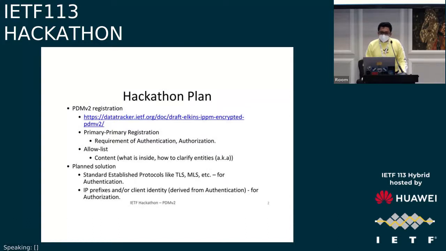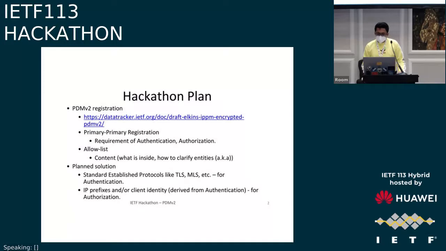What we have done for the registration protocol is we have broken it down into primary server, primary client, secondary server, secondary client. And in the hackathon, we focus on the primary registration, where we try to establish a shared context. We were having discussions on whether to have authentication, authorization, and how to do it.